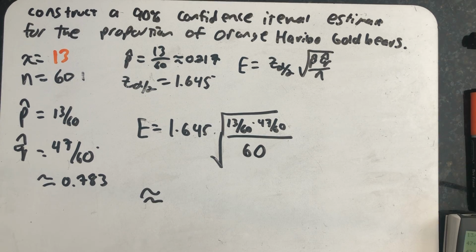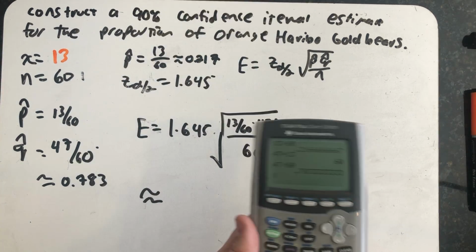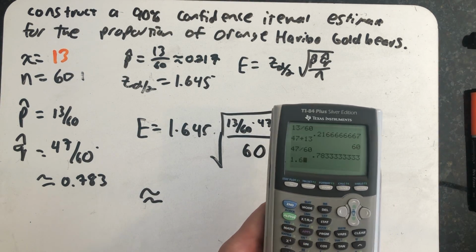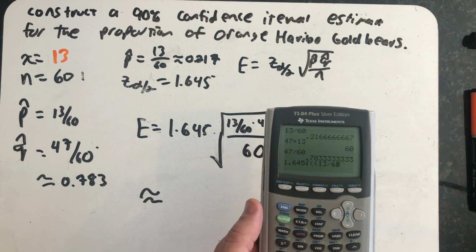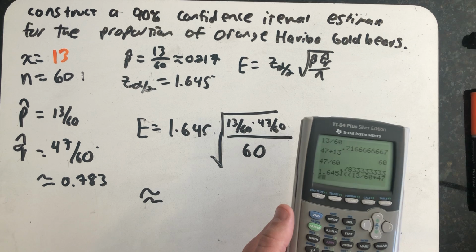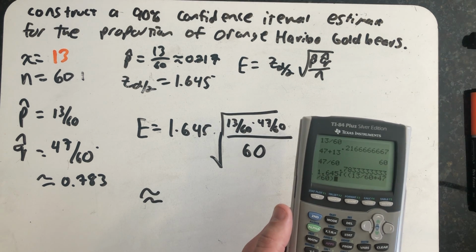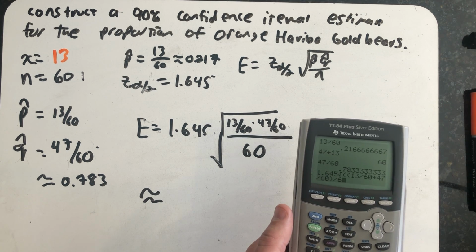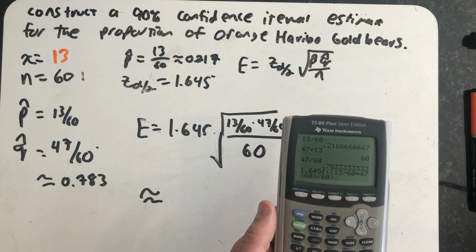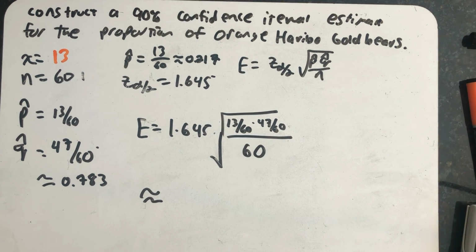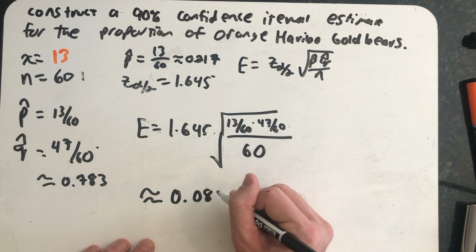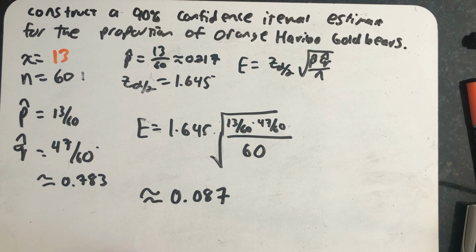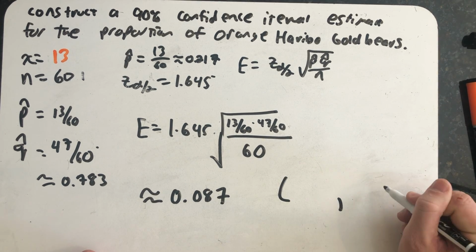All right, let's see what happens here. 1.645 times the square root of 13 out of 60 times 47 out of 60 divided by 60. 0.087. There's my margin of error, and now I want to construct my confidence interval.